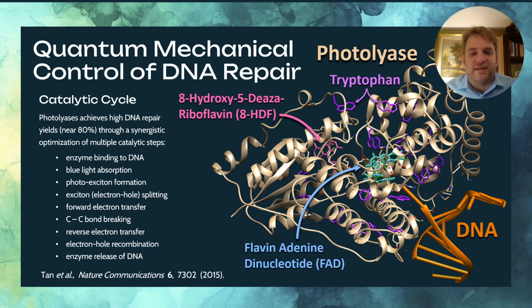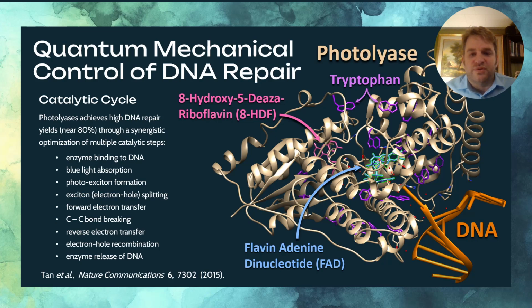So the catalytic cycle of a photolyase carries out DNA repair, and it produces DNA repair yields near 80%, even in some cases approaching 90%, through synergistic optimization of multiple catalytic steps. So first of all, the enzyme has to bind the DNA. It absorbs a photon of blue light.